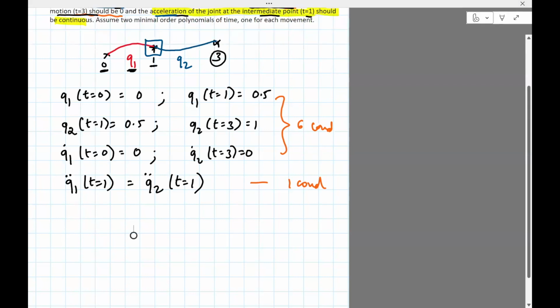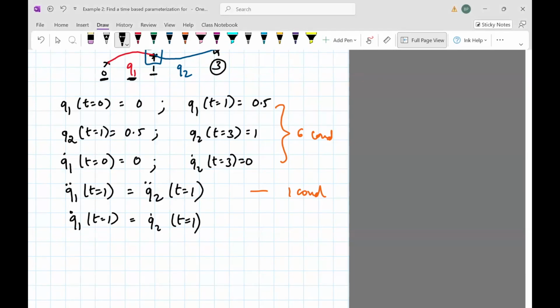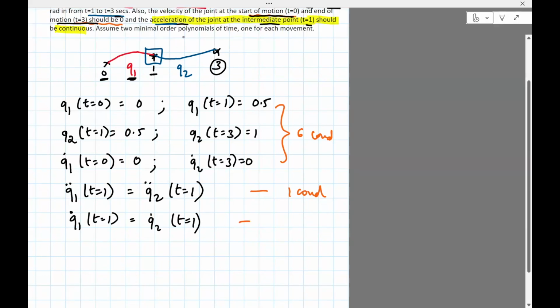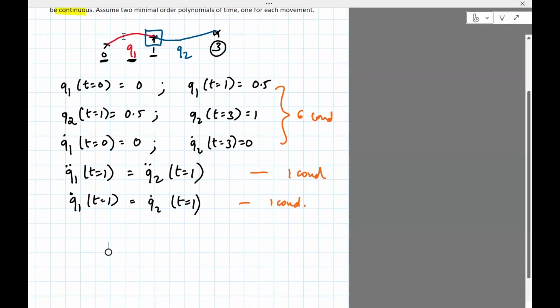So this is not given, but it's sort of obvious that the velocity also has to be continuous. This is something we get from what we know about acceleration. It is basically the rate of change of velocity, so that better be continuous. So that is the one other condition. So we have here 8 conditions. So we'll have 8 equations.